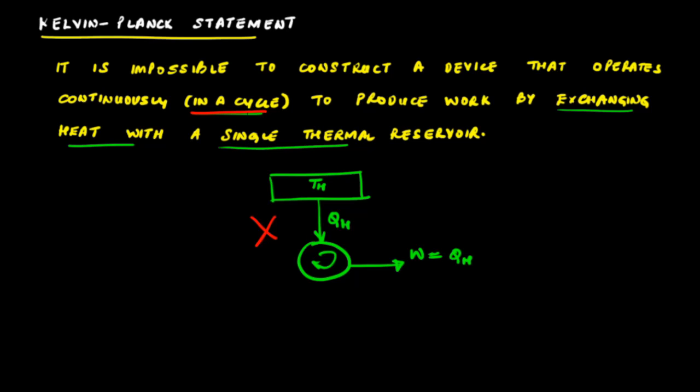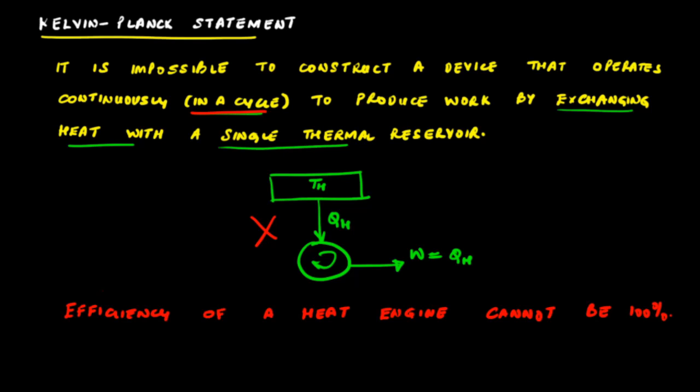That means the Kelvin-Planck statement states that it is impossible to construct a heat engine that operates in a cycle and converts all the heat received from a high temperature reservoir to work. In other words, a heat engine cannot operate in a cycle with 100% efficiency.